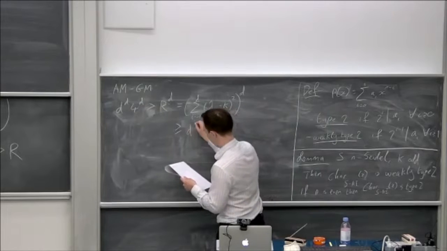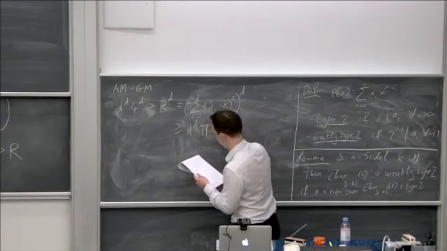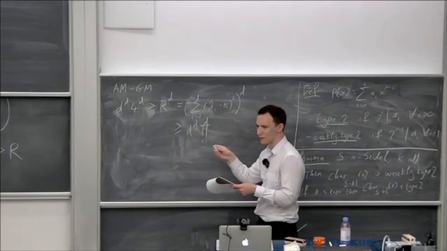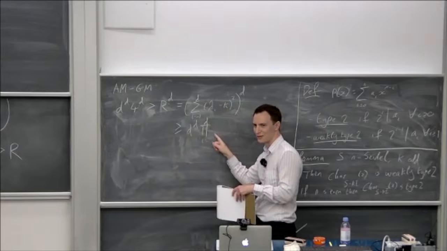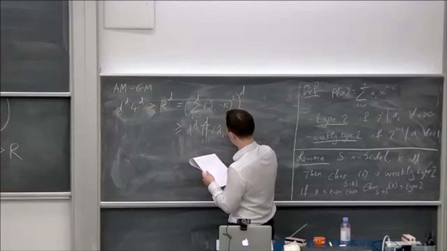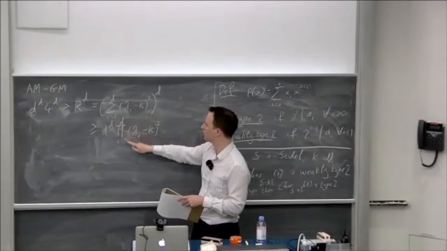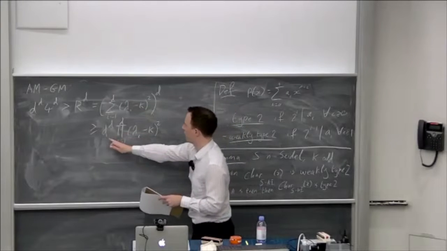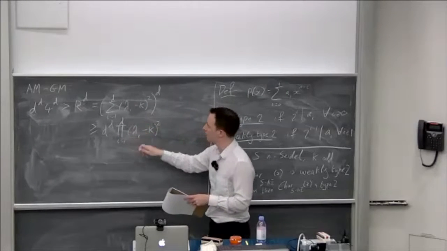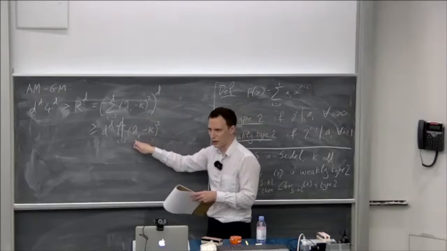So this will be d to the d times the geometric mean, taking the d power of everything just so I don't have to take the dth roots when I look at the geometric mean. I'm not sure if this is so familiar to everyone, but I just felt it's easier to write like this. So this is where the AM-GM is coming in. And so now we have something in terms of this product. So I'm linking together this sum of squares and this product of squares.